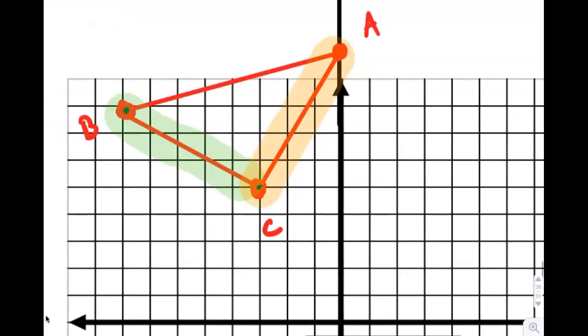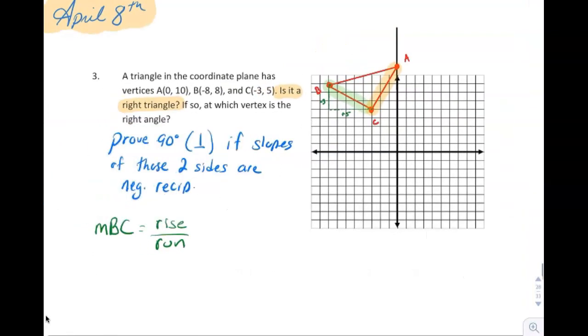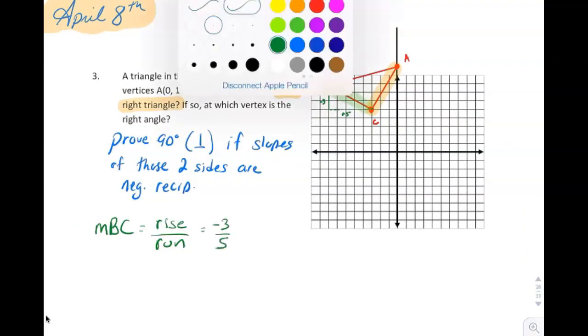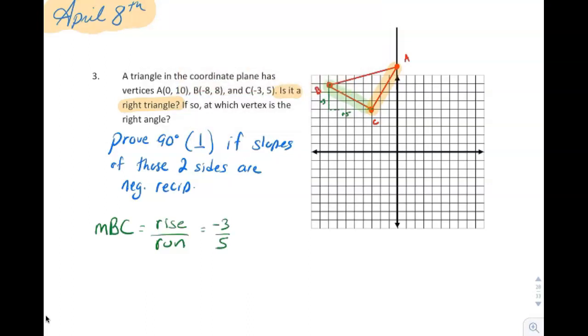So let's see, down 3, and to the right 5. So negative 3, positive 5.